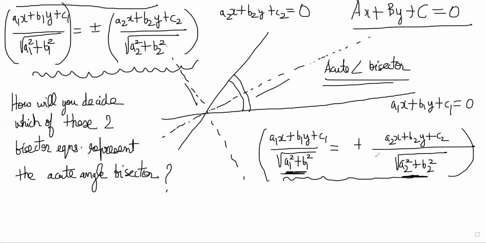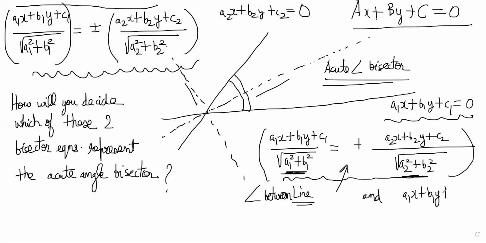If you have some numbers, you can put it on one side. So find the angle between this line and any one of the given lines, like let's say a1x plus b1y plus c1.